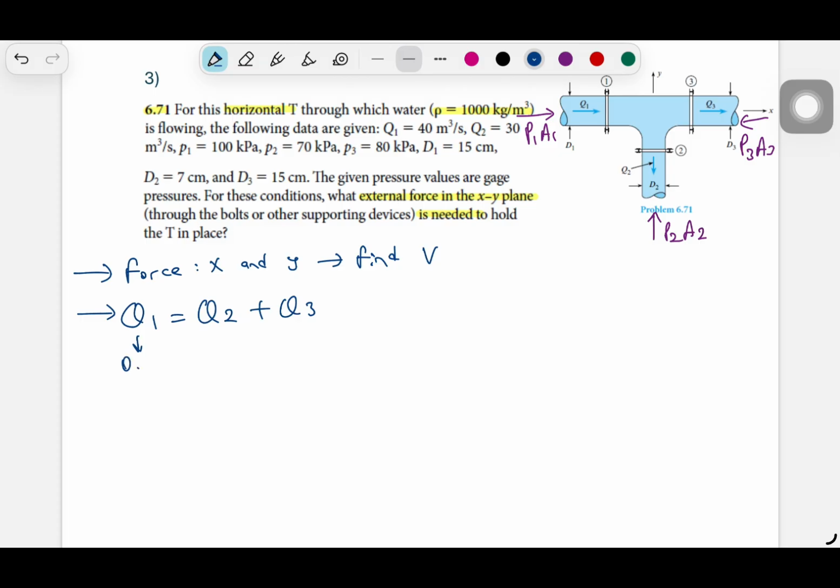Q1 is given as 40. Q2 is 30. And this will be 10.